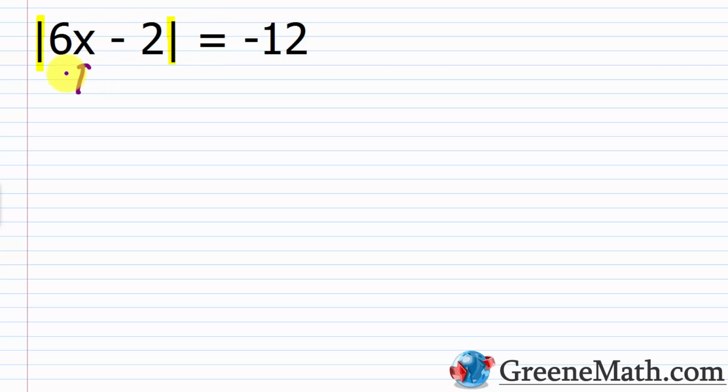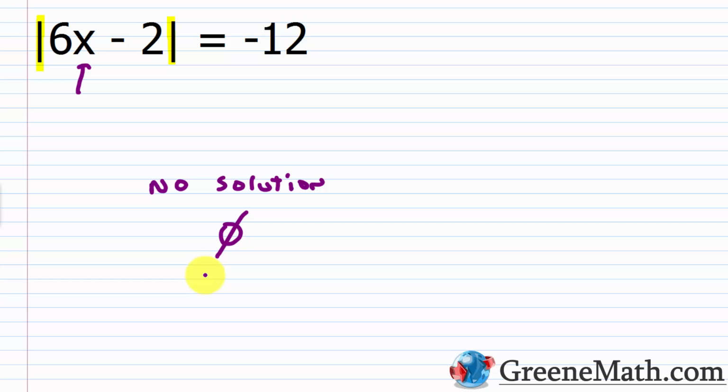Take the absolute value and end up with a negative 12, right? Because the absolute value operation will never, ever be equal to some negative value. So you can't get a negative 12 as an answer for that. So this guy right here is no solution, okay? It's no solution. We can use our symbol for the null or empty set.